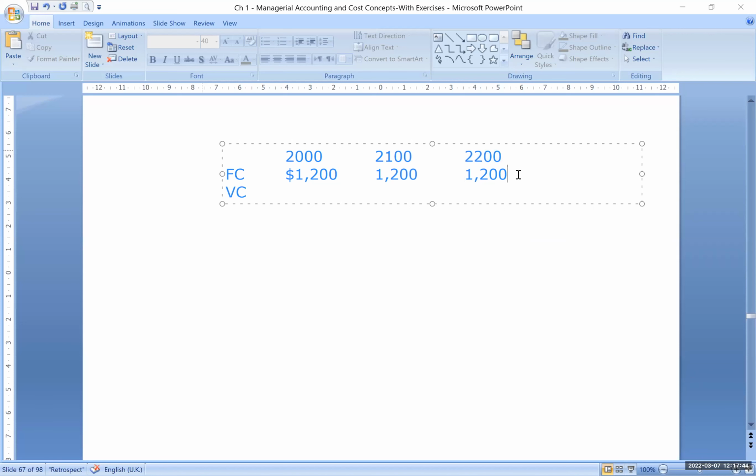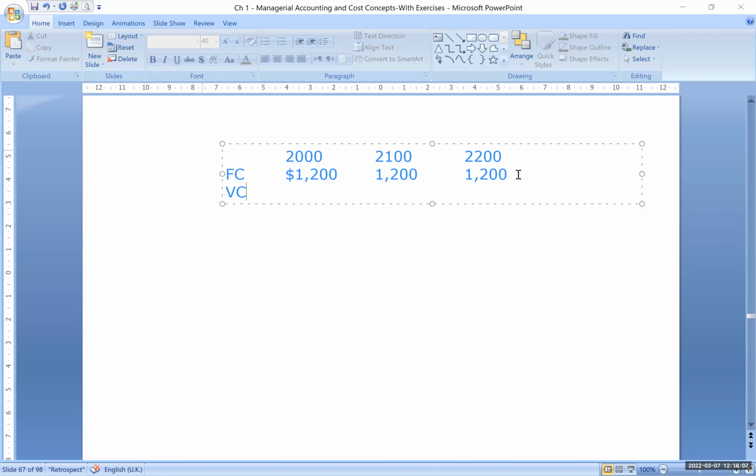We will keep it blank for now because we need to calculate it depending on the per unit cost. The per unit cost is given in the question as 0.22, which is 22 cents.